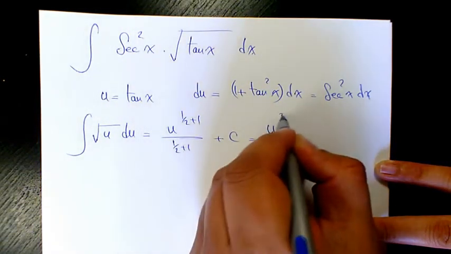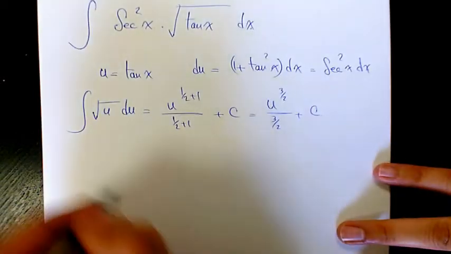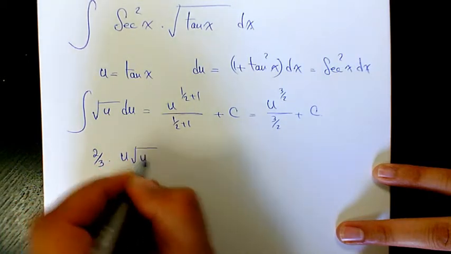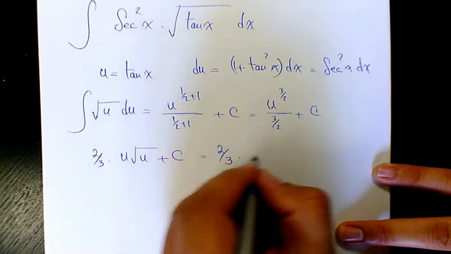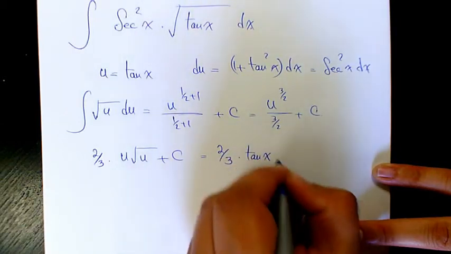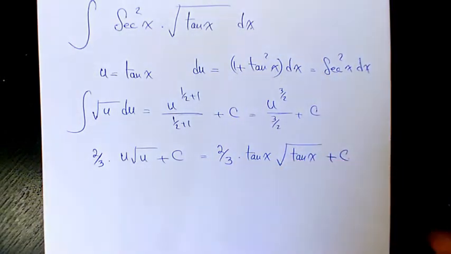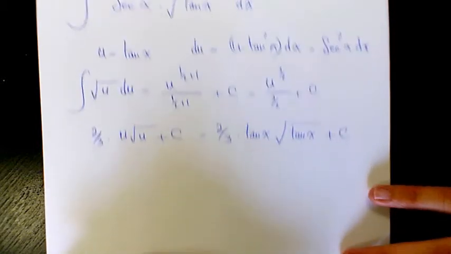So it's going to be u to the power of 3 over 2, over 3 over 2, plus c. So 2 over 3 u root u plus c. 2 over 3 tan x root tan x plus a constant number. Next example.